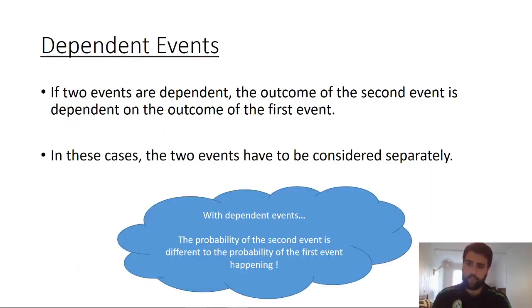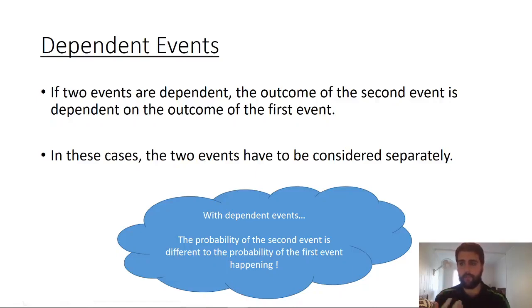So guys, if two events are dependent, the outcome of your second event is going to be dependent on the outcome of the first event. So in these cases, the two events have to be considered separately. And in this blue box down here, what it really means is the probability of something happening in your second event is going to be different to the probability of the first event.